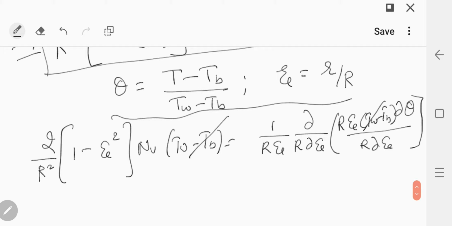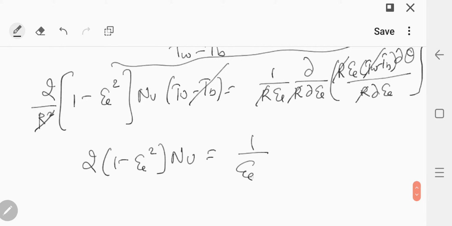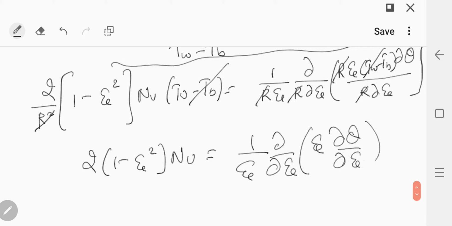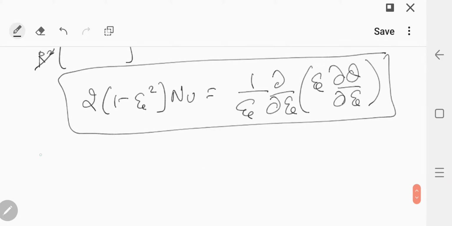This R gets cancelled with this R. This 2R cancels with this R. So finally your equation reduces to 2 into 1 minus zeta square into Nusselt number equal to 1 by zeta del by del zeta of zeta del theta by del zeta. Now let's talk about the boundary conditions.